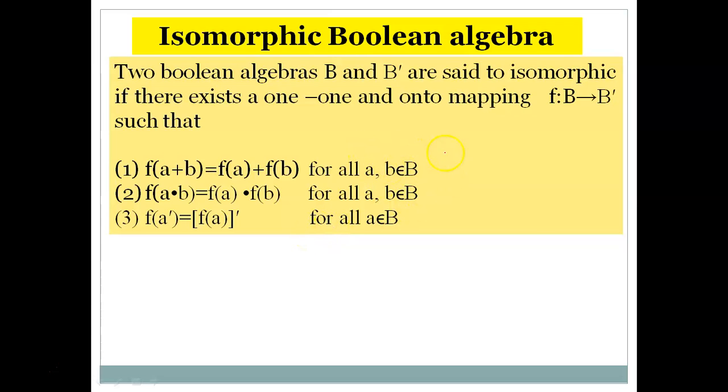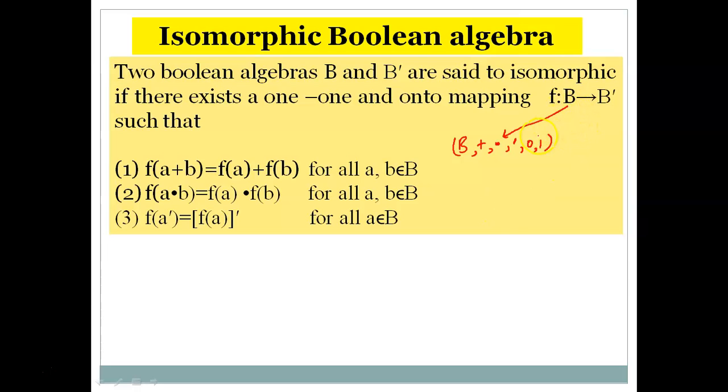So the definition is given in a very simplistic situation, that in this Boolean algebra B, the operations are plus, dot, and complement, and obviously when we are considering the same operations, then the 0 element and 1 element are there.